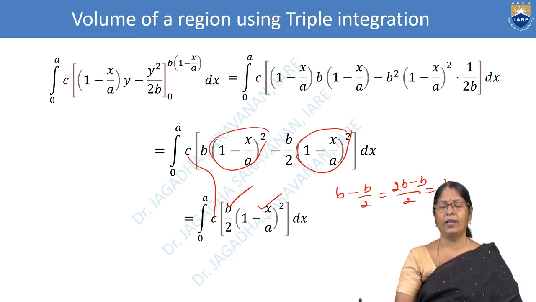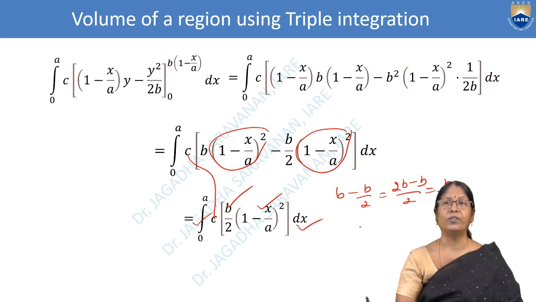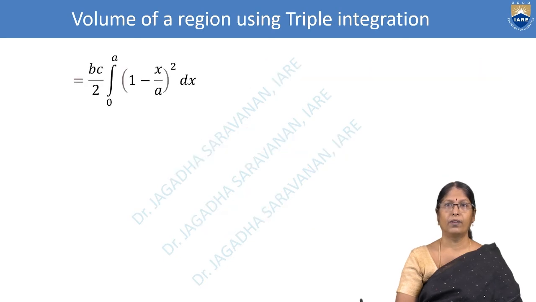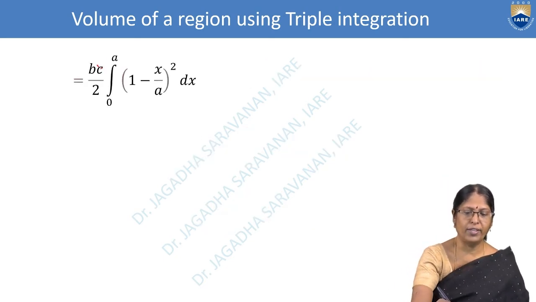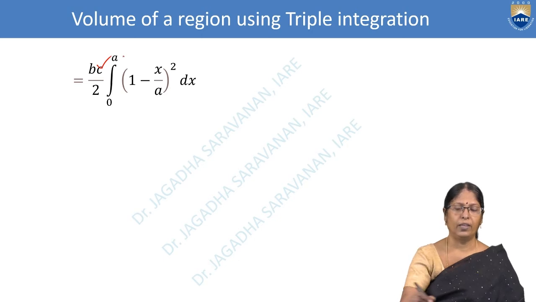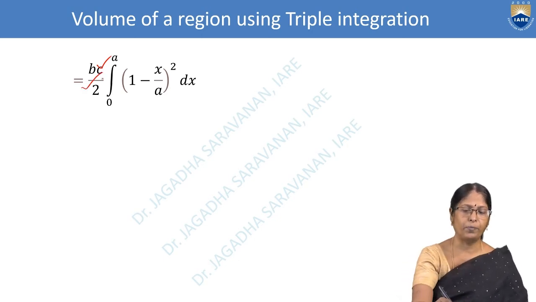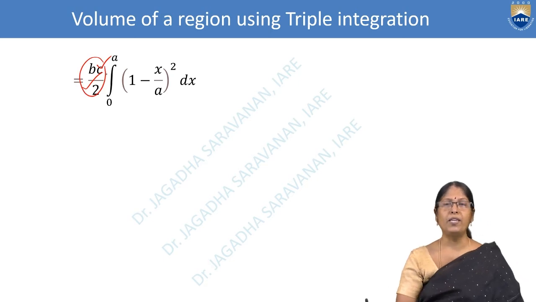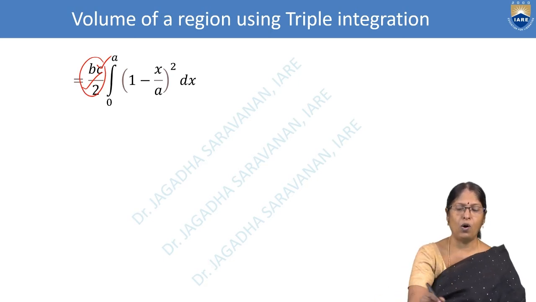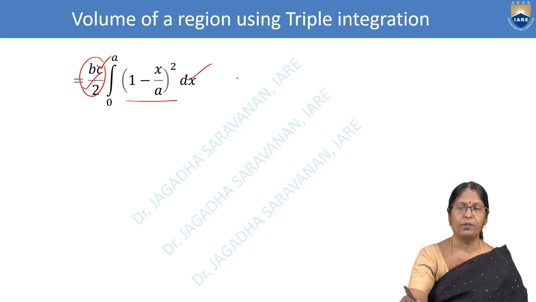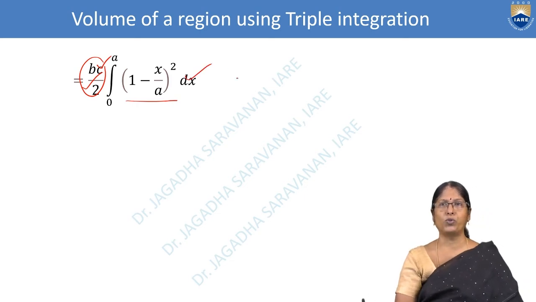Now finally, our outermost integration we have to do with respect to x. The c is already outside, and b/2 is also a constant, so we kept it together as bc/2. Now for the final integration, we will concentrate on the outermost one with respect to x.